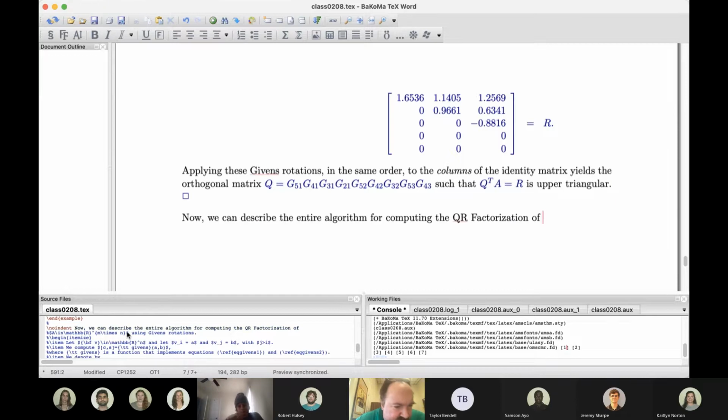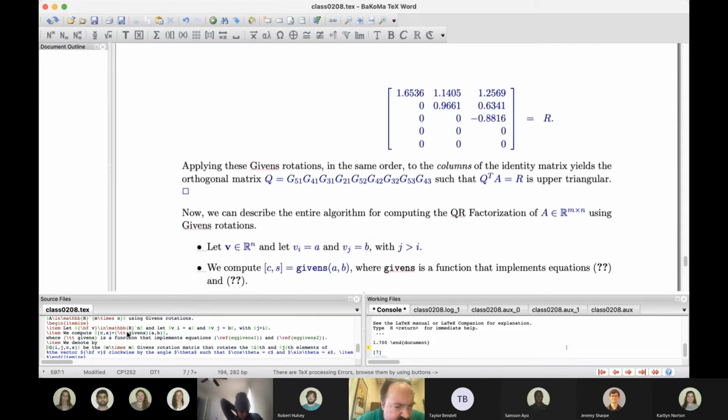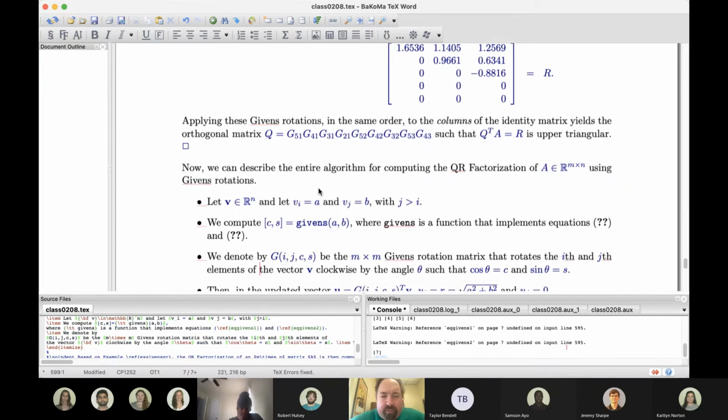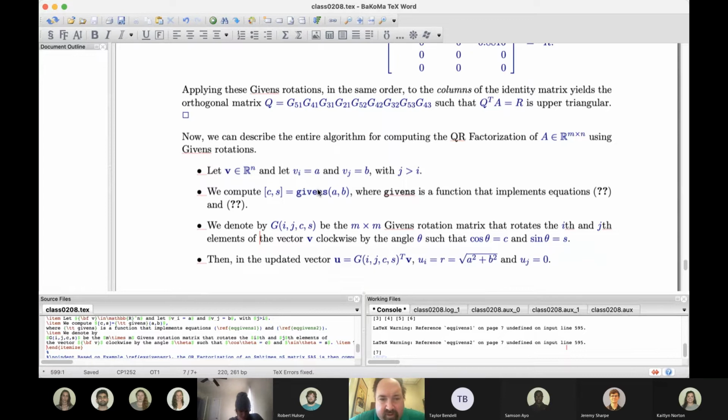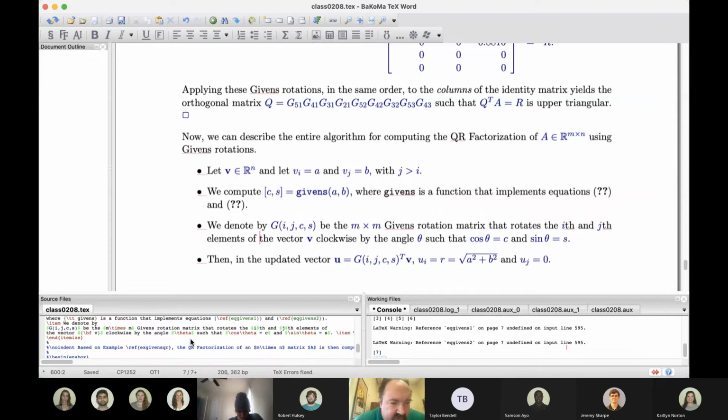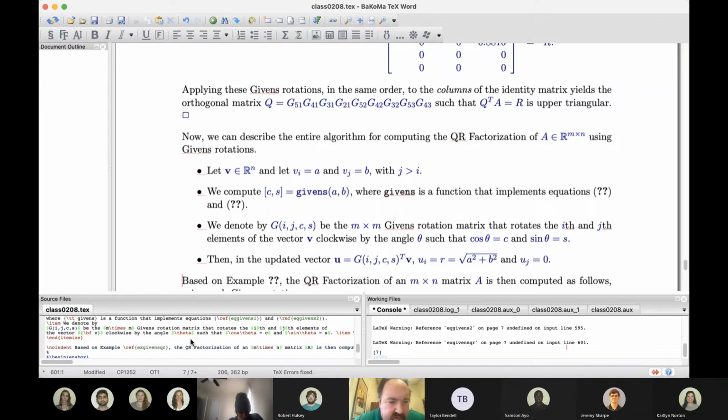So what I need to do now is describe the overall algorithm. If I write a function in MATLAB, for instance, givens(A,B), where B is the entry you want to zero, and A is the entry that you're using to help zero it, and CS is a cosine sine pair that'll get the job done.